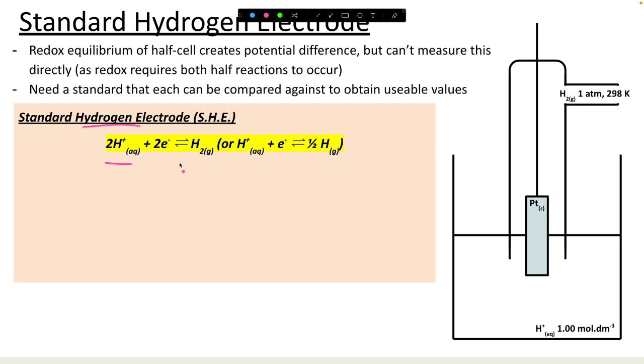Who would have guessed that from the name? Where we've got our hydrogen ions gaining electrons and forming hydrogen molecules if we're looking in the forward reduction direction, or the hydrogen molecules losing electrons to form the hydrogen ions in the oxidation direction, or we can just write this with just a single hydrogen ion like so.